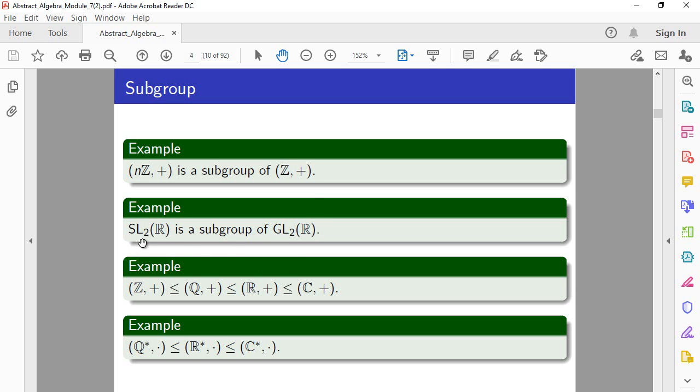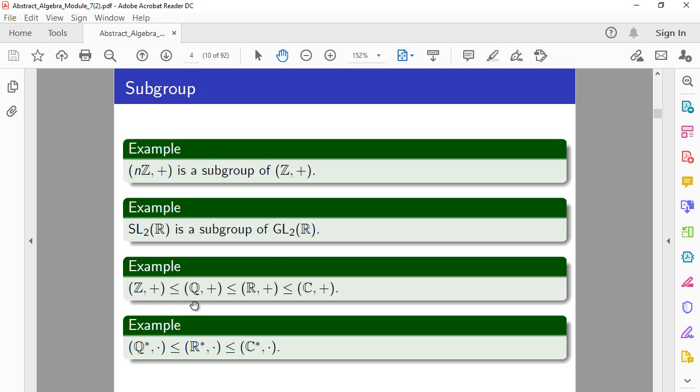So SL2 of R is a subgroup of GL2 of R. Recall that a matrix has non-zero determinant if and only if it is invertible. So GL2 of R is also the collection of all invertible 2 by 2 matrices over the real numbers.